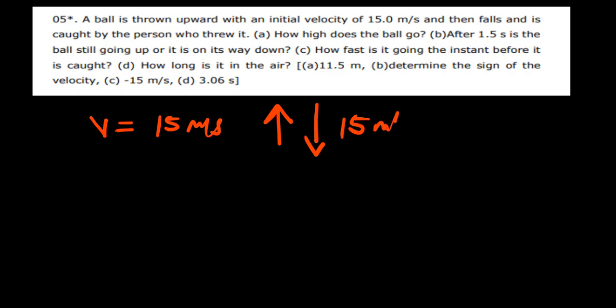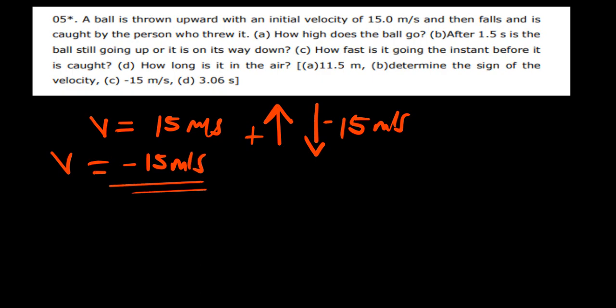But now look at the direction. One is going up. If we chose up to be positive, the other one will be what? Negative. So how fast it is going before it is caught is the same, although in the opposite direction. So it will be negative 15 meters per second.